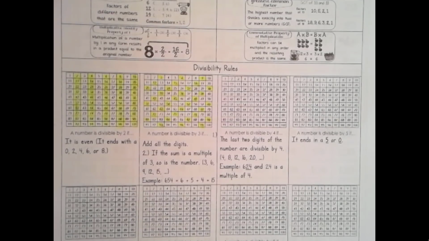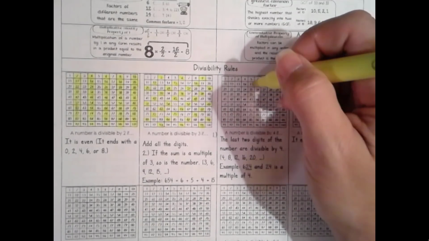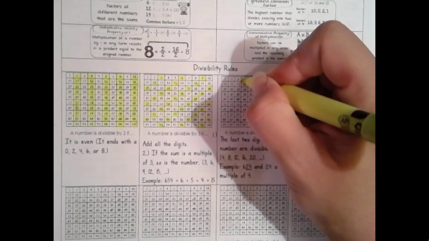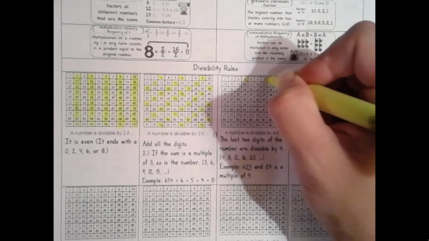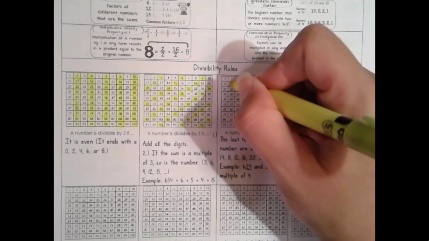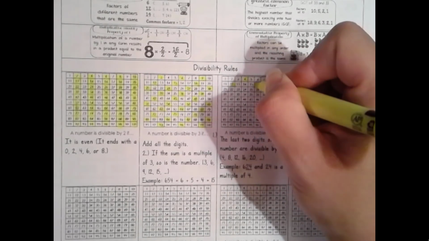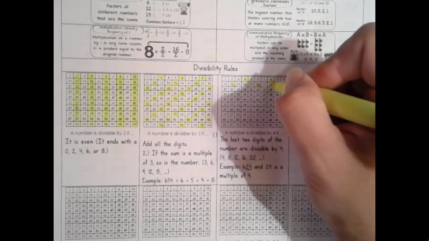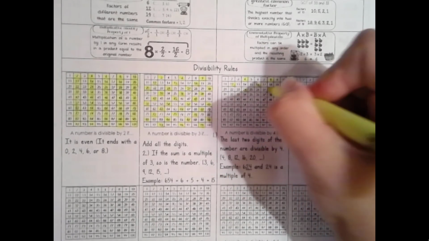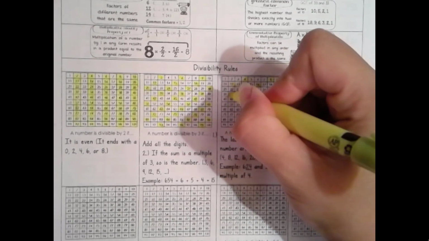So now we're going to find all the multiples of 4 here. Show all the numbers that are divisible by 4. So we count over 1, 2, 3, 4. We get 4. Then 8, 12, 16, 20, 24, 28.